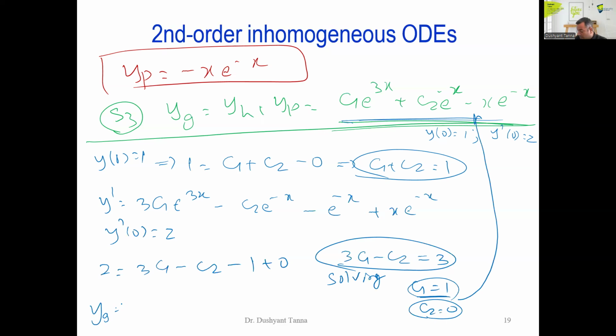C2 is gone and c1 is 1. So you get e raised to 3x minus x e raised to minus x. That's your nice and decent y. Okay. So again, the particular condition is not given as part of the question. I just added it here to see how that would look.